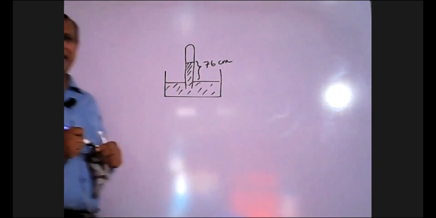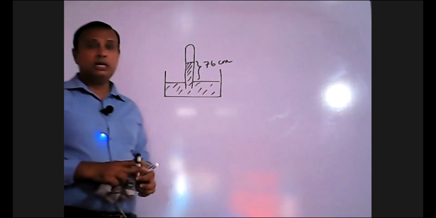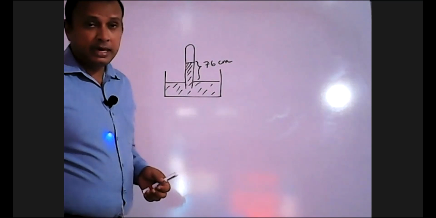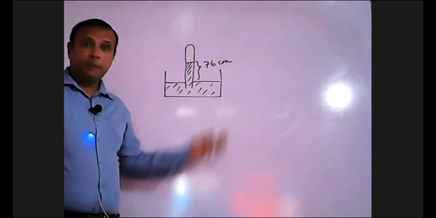So normally we can use mercury centimeter as a unit of pressure.